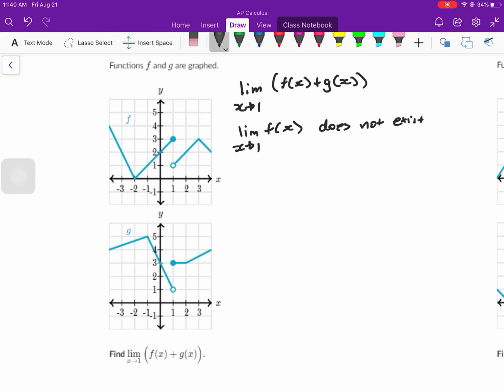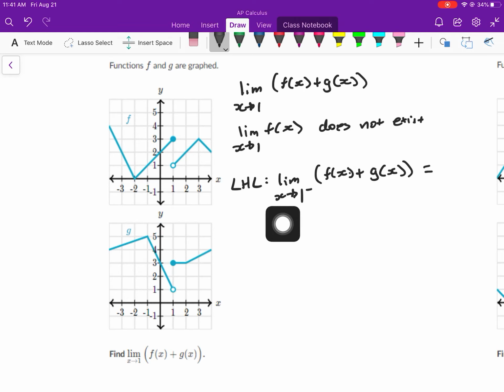We're going to scrap this, and we're going to think of the left-hand limit of the entire thing. So the limit as x approaches 1 from the left of f of x plus g of x. Let's take a look.